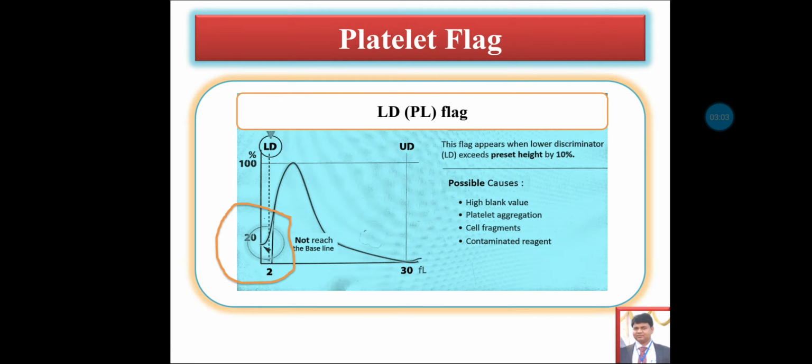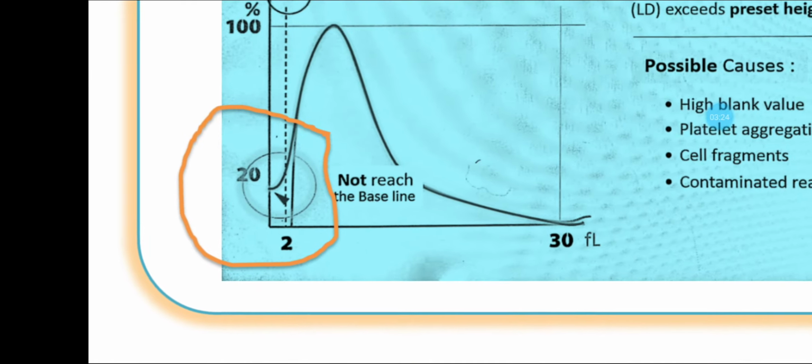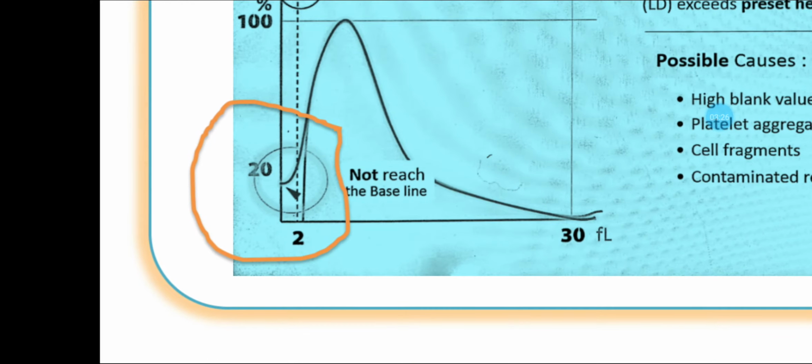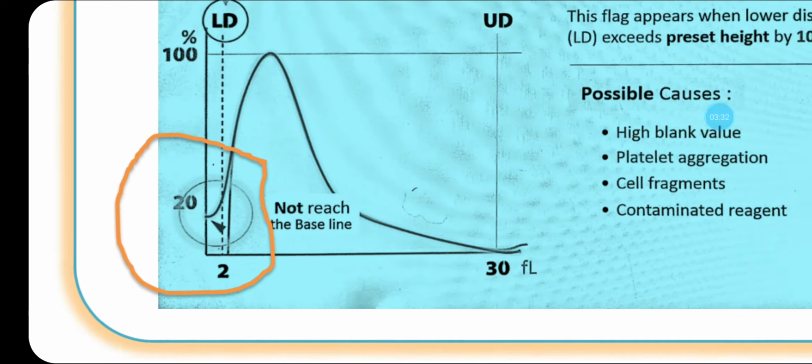Now the platelet flags, because in interpreting these platelet histograms we should know about these flags also. The first flag is called the PL flag, also called the lower discriminator flag, or platelet lower discriminator flag. Here you can see in the diagram on the left side that the curve is not starting from the baseline; it is starting above the x-axis.